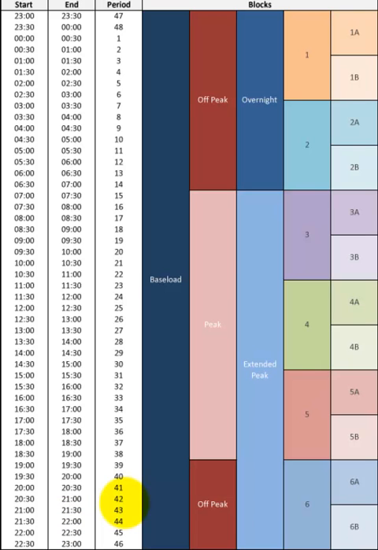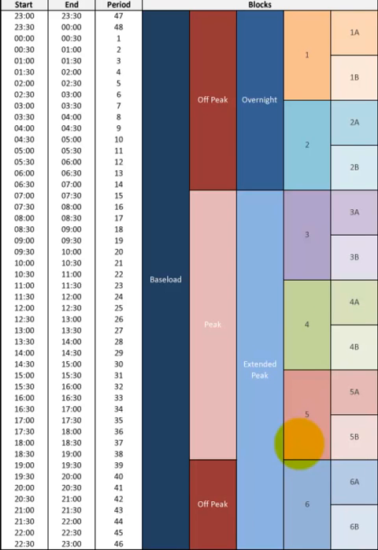We can also think of the EFA day as being split up into 6 blocks. You'll certainly hear discussions of weekday block 5 or weekend block 6, whatever it might be. Each EFA block, here designated by 1, 2, 3, 4, 5 and 6, is, as you'd expect, 4 hours long.